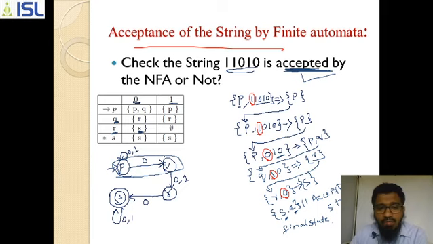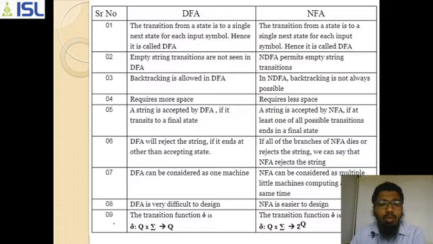In NFA we will get 0 comma 1, multiple next states from each input symbol, hence it is called NFA.